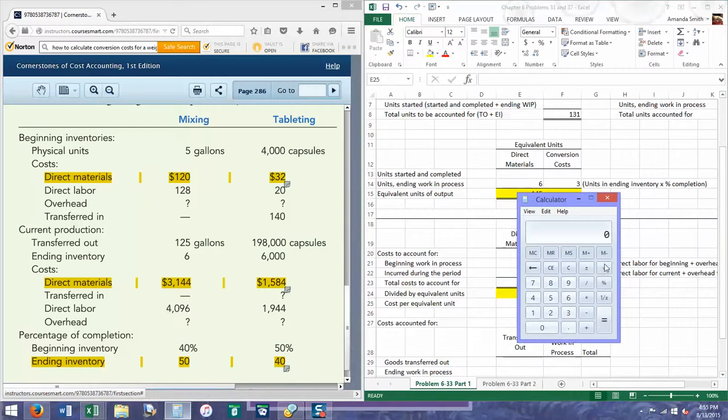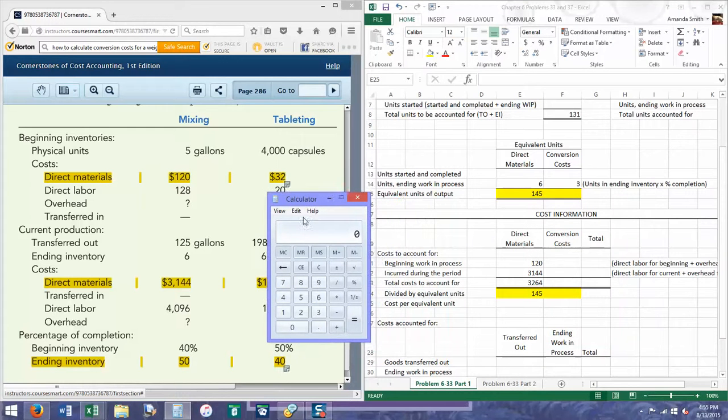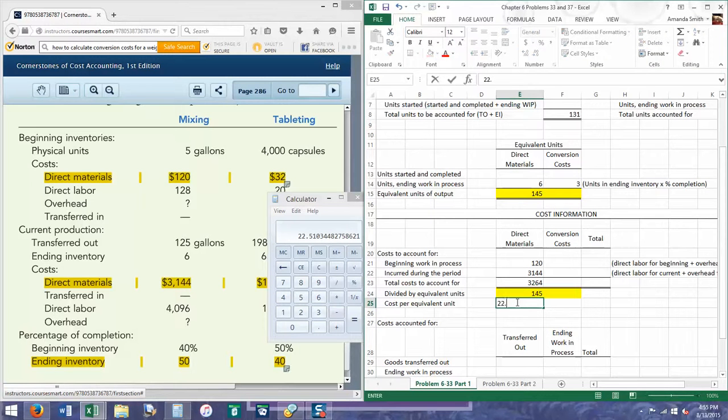To find out the cost per equivalent unit, you would take our 32.64 divided by 145, which would give us $22. Then you'd have to round it to 3 decimal places, so it would be $22.51. You would put that amount here, 22.510, but you don't need to put the 0 because it's going to drop off. You do the same process for the conversion costs, and then you would add both of these amounts up to get your total.